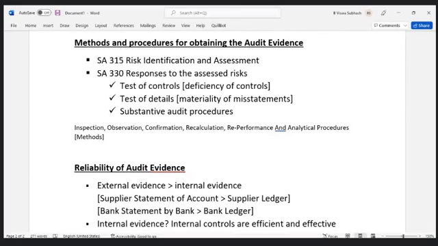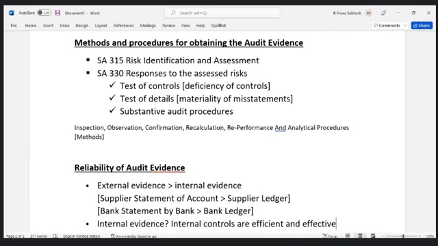That is the keyword that is used for the internal controls. Just how we say deficiency of internal controls, or we say materiality of misstatements. Similarly, for internal controls, you can say they are effective and efficient.